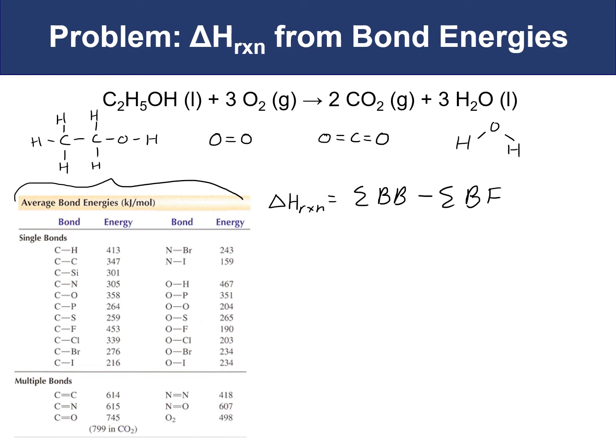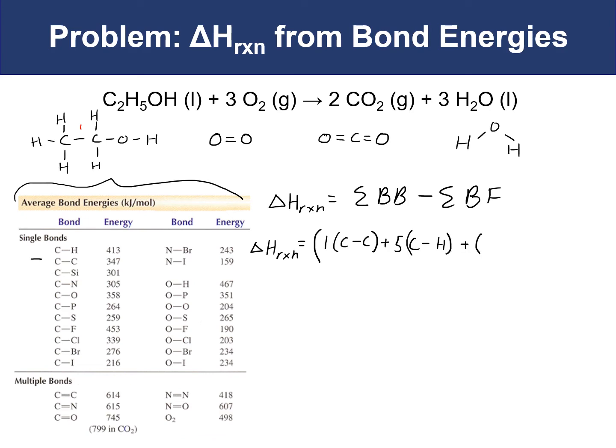So in our ethanol, essentially the bonds that are being broken are the bonds in our reactants. The bonds that are being formed are the bonds in our products. So our change in enthalpy of reaction would be equal to, summing up all our bonds broken, one carbon-carbon single bond, 5 carbon-hydrogen bonds.